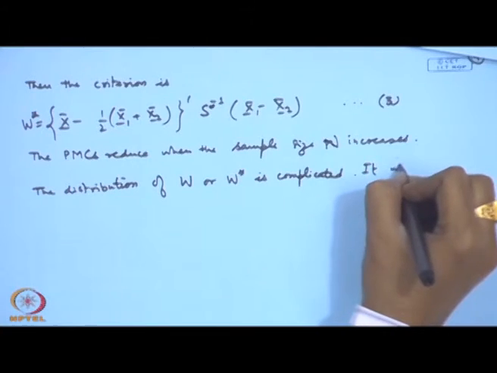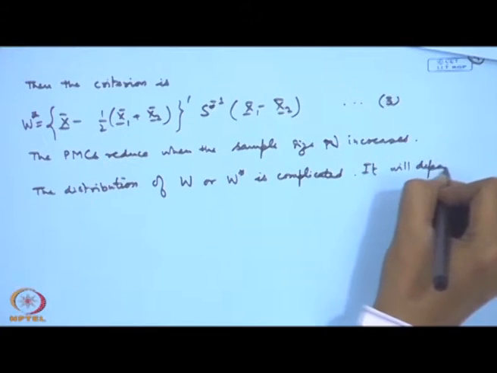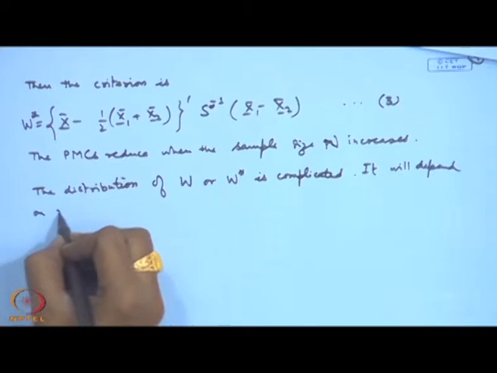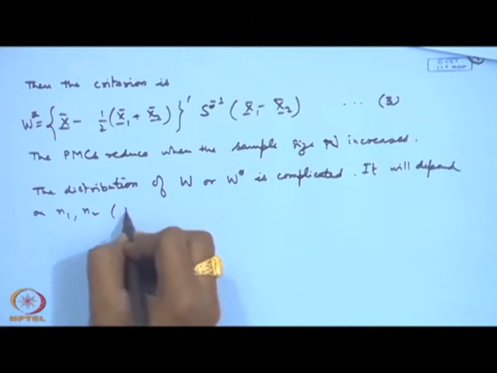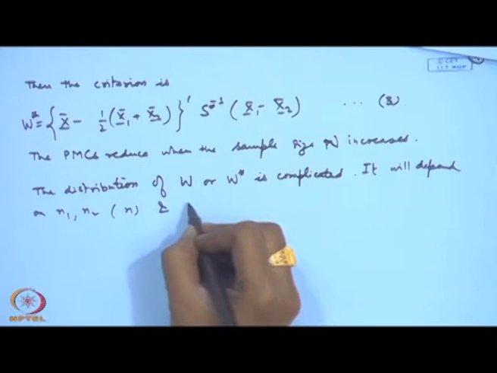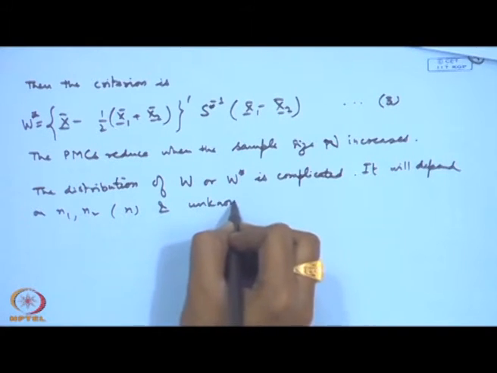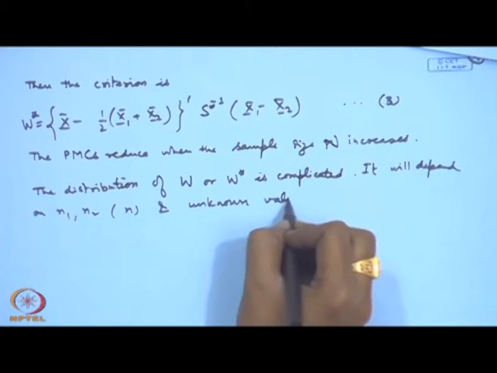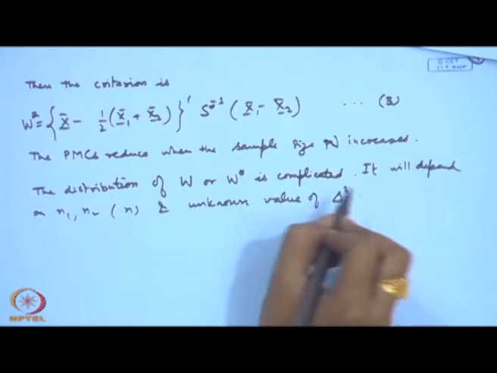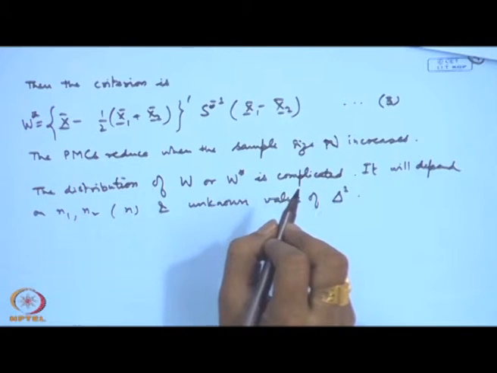Now, in this particular case it will not be simply that, because that is unknown here. So, it will depend upon the unknown parameter. It will depend on n 1, n 2 and of course, n also, and unknown value of delta square, that is the Mahalanobis D square term here.